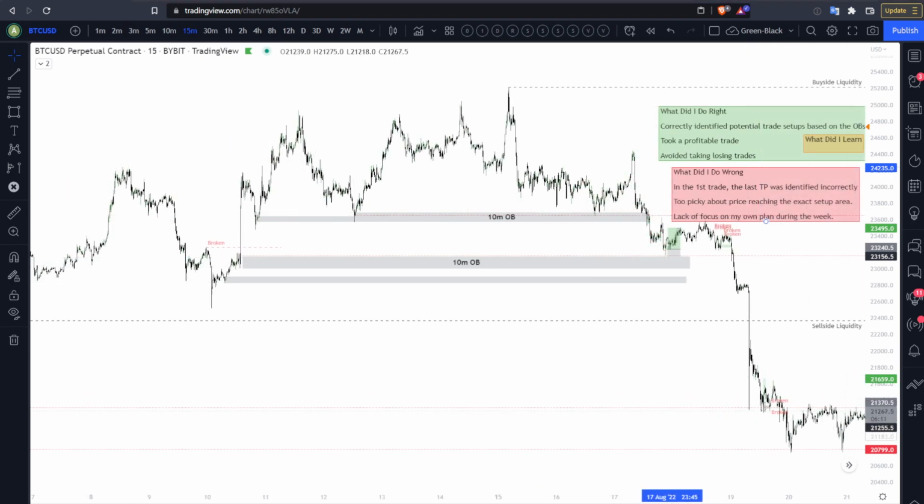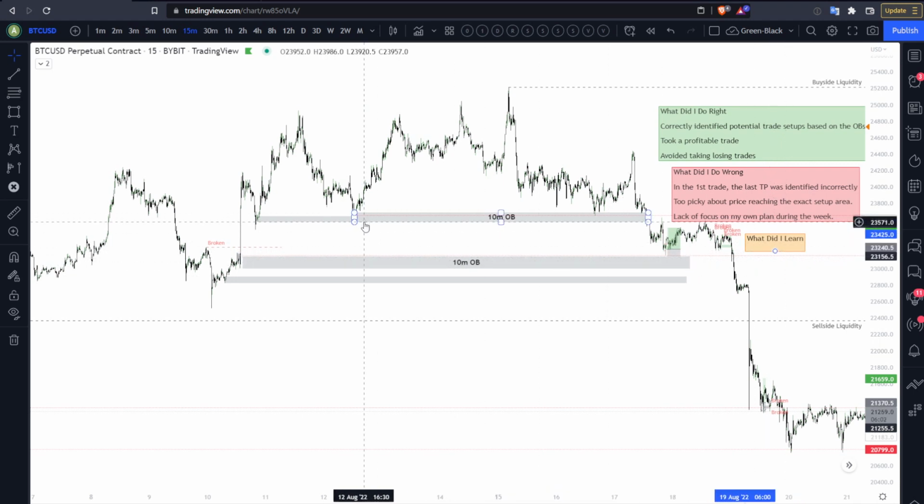Okay, now what new things did I learn in this session? So, first of all, I discovered that this point of control of the order block is quite a useful level.